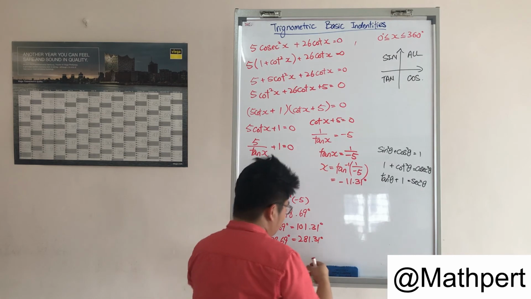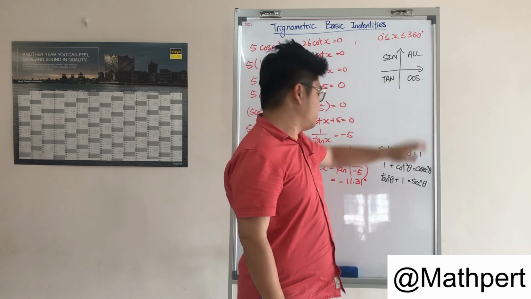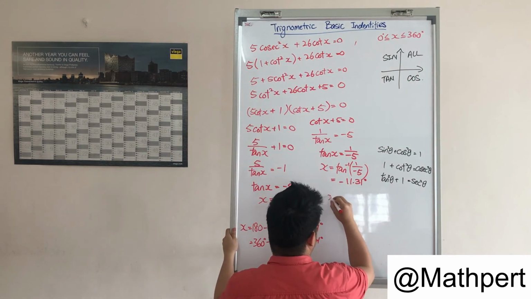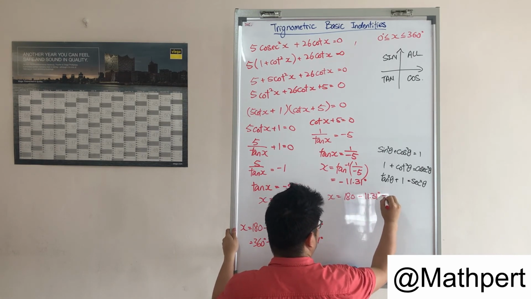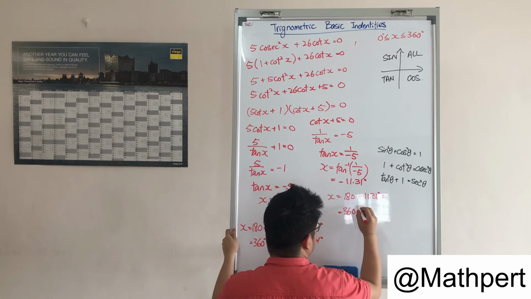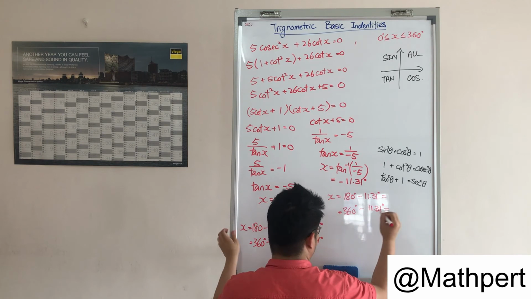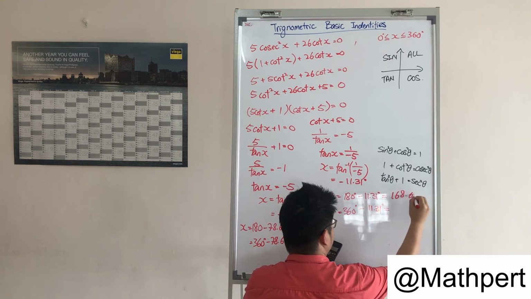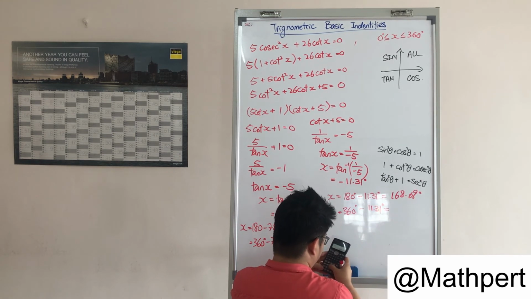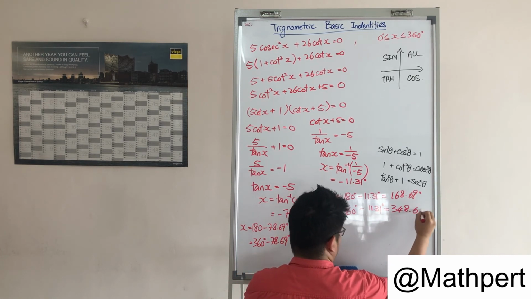Negative is at the second and fourth quadrant. So x will be 180 minus 11.31, and the second one is 360 minus 11.31. How much do we get? We get 168.69 degrees. 360 minus 11.31, we get 348.69 degrees.